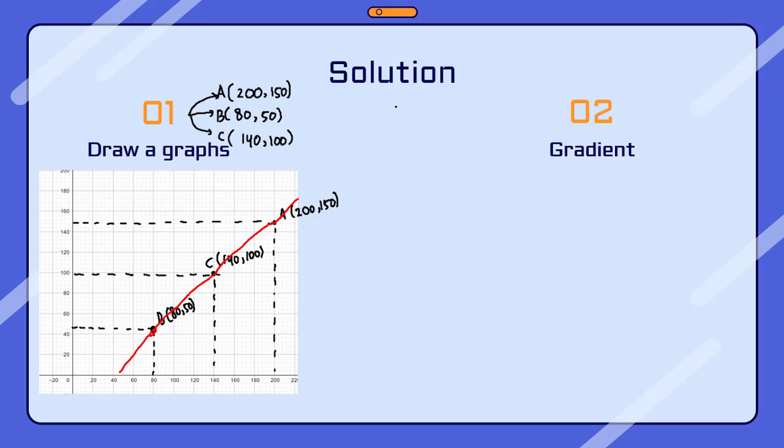And for the second question, we have to find the gradient. In the previous lesson, you learned about the gradient, right? So this is the formula of the gradient: change in y over change in x. After that, you can choose 2 points on the line.